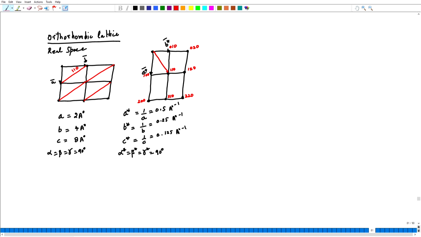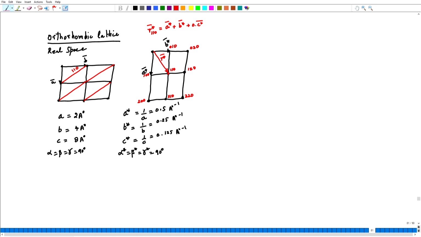This is a reciprocal lattice vector R star, and this particular reciprocal lattice vector R star 1 1 0 is essentially 1 times A star plus 1 times B star plus 0 times C star. This reciprocal lattice point 1 1 0 represents the set of 1 1 0 planes in the real lattice.